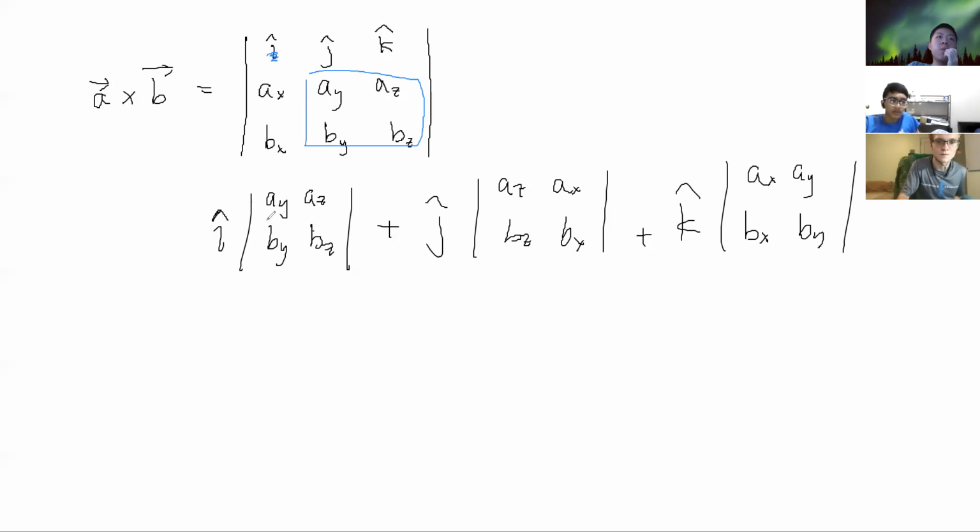This is just a compact way of defining it. By the way, AX is the x component of the A vector, AY is the y component of the A vector, and AZ is the z component of the A vector.